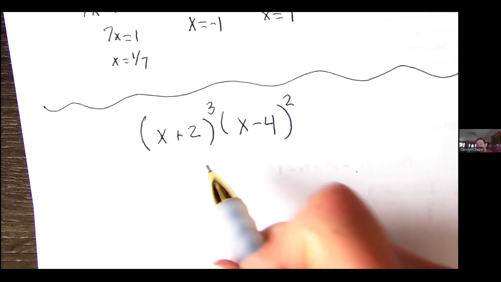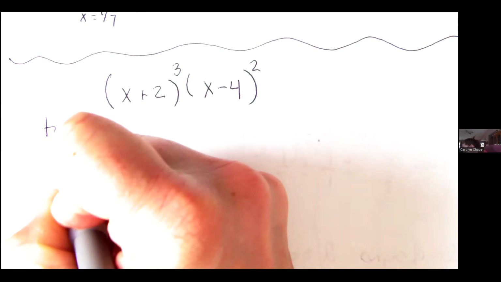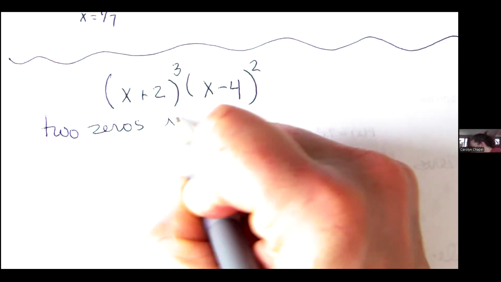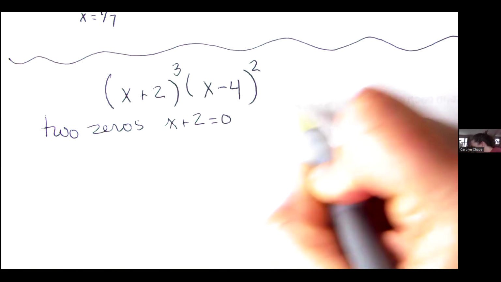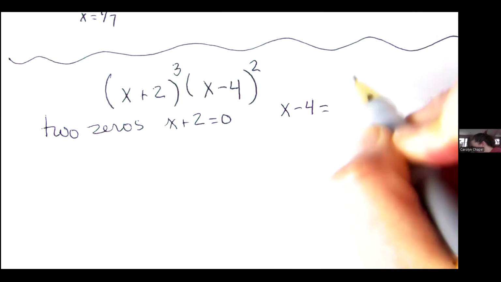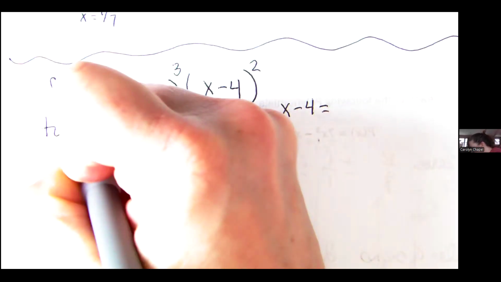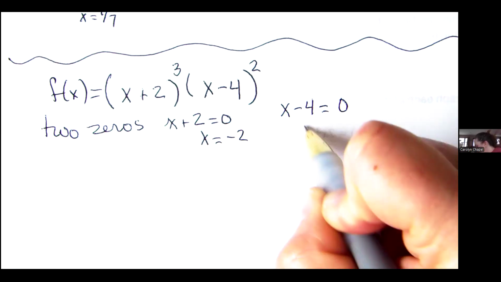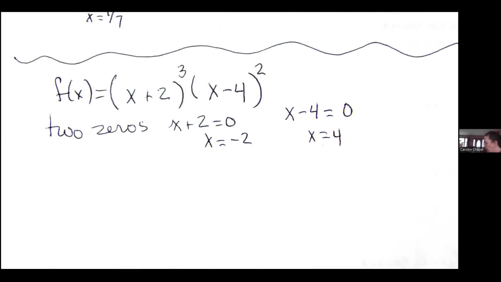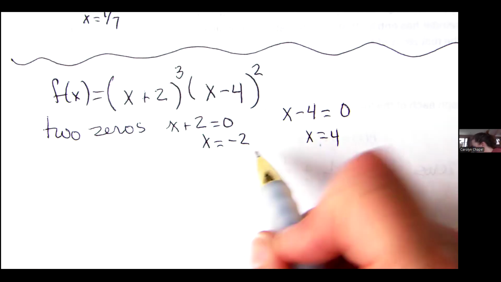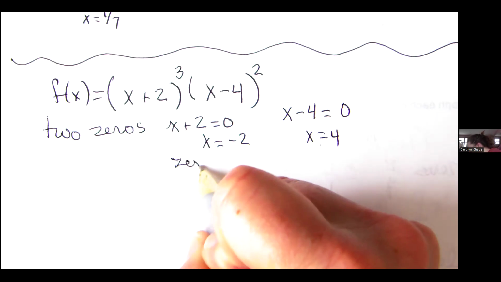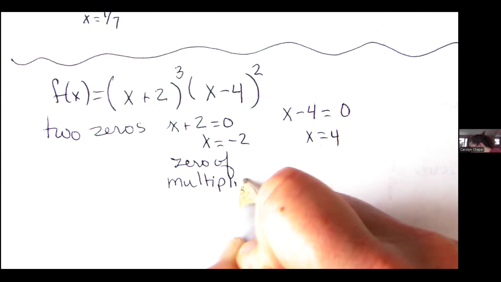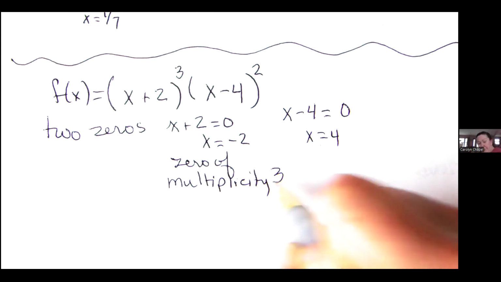Okay, there are 2 zeros. And we can find them by taking each of those factors. Let's just say that this is f of x. And setting them equal to 0. So x equals -2 and x equals 4. We would say that x equals -2 is a 0 of multiplicity 3.